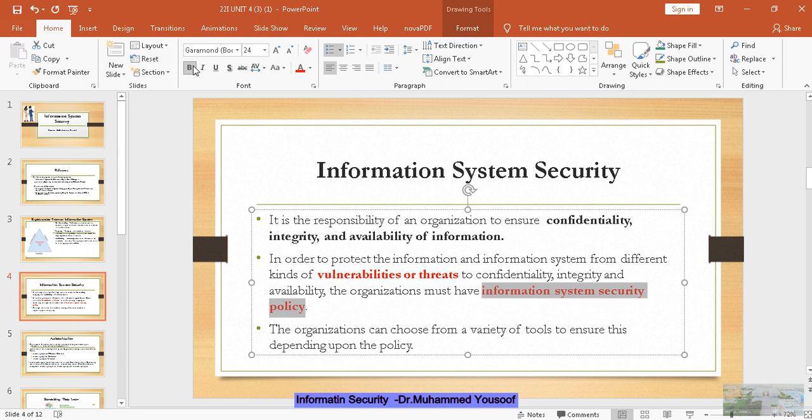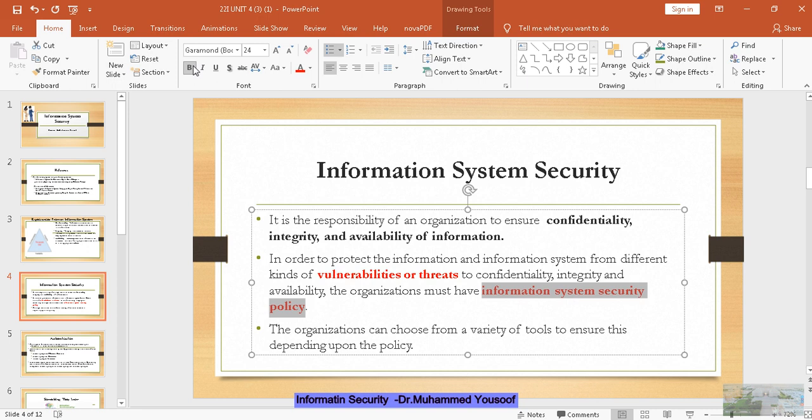In addition to that, most companies have installed an internet security package. For example, in our university we are using the Kaspersky internet security suite, which protects our computers from any viral, intruder or hacker threat or attack happening on our computer. So this is called an information security policy. Policy means what?